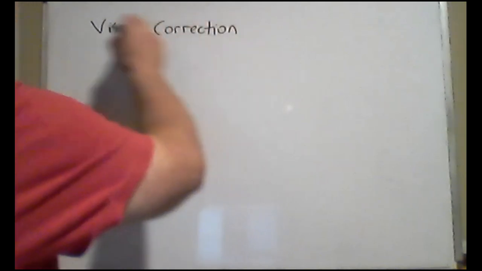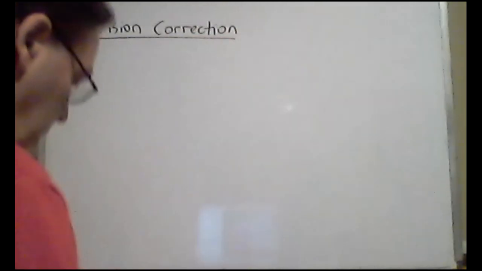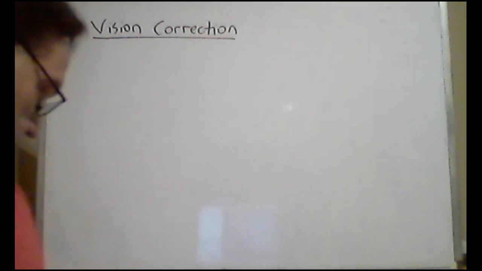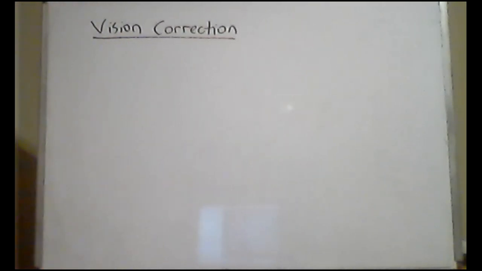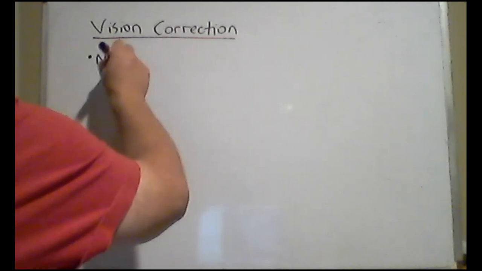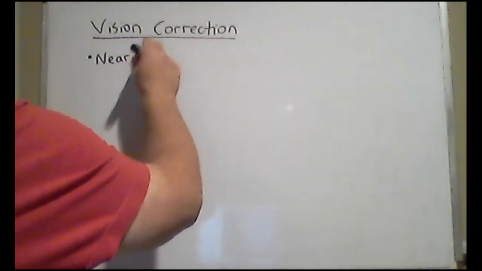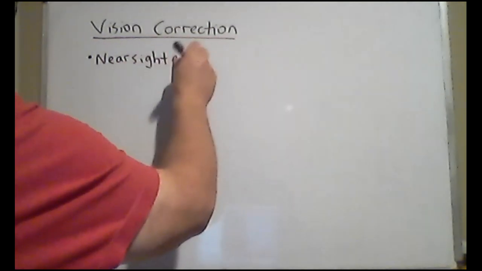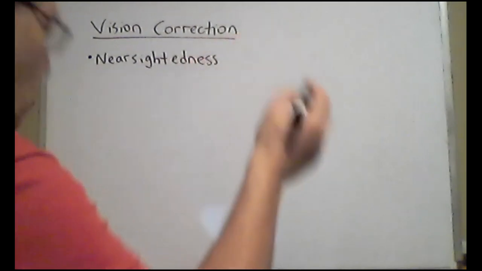Those of you who wear glasses probably already know these terms, but there are certain vision defects. We have one that's called nearsightedness, or officially myopia.